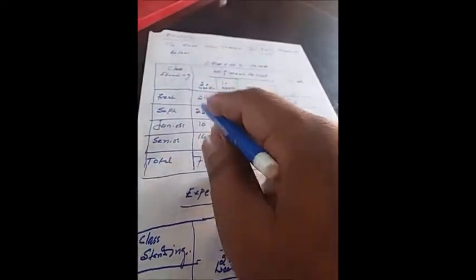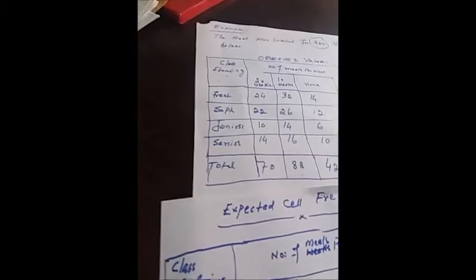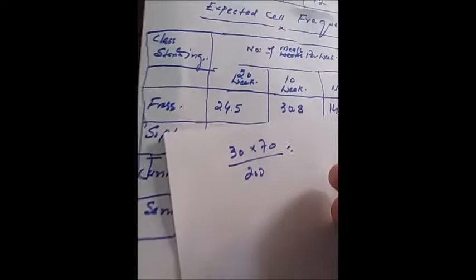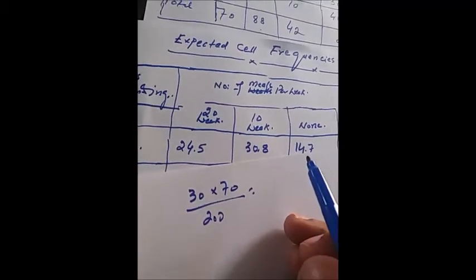Multiply the total column for 20 weeks, which is 70. 30 multiply 70 divided by 200.